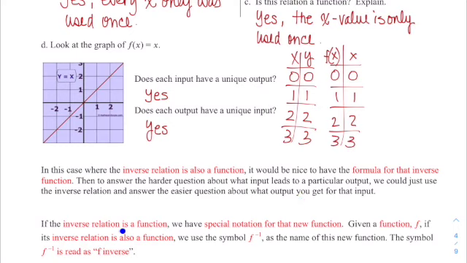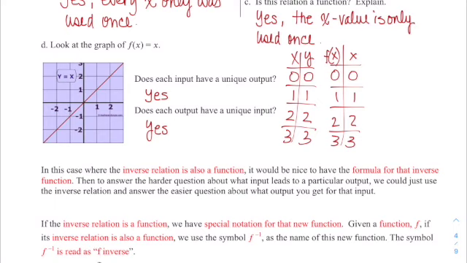If the inverse relation is a function, we have special notation for the new function. Given a function f, if its inverse relation is also a function, we use the symbol f inverse as the name of this new function. The symbol f to the negative 1 is f inverse.